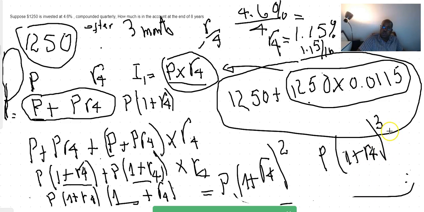How many periods? How many quarters? So in 8 years, how many quarters? I know 1 year gives me 4 quarters. So for 8 years, it's going to be 32 quarters, 32 periods. Let me erase, since I have 32 periods.